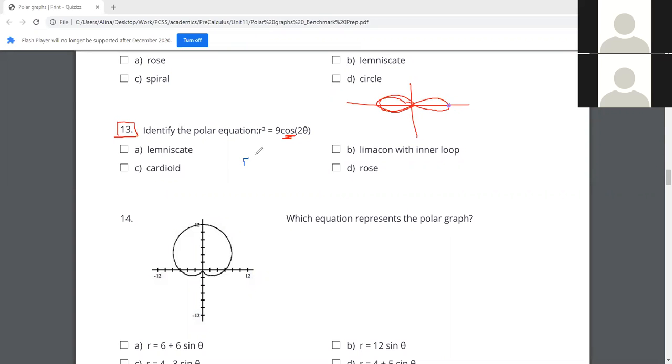If you have r squared equal 9 sine of 2 theta, a reminder that sine maximizes at 90 degrees. If you solve 2 theta equal 90, then theta is 45, which means it will be the same equation, but take the angle of 45 degrees and draw your infinity along this diagonal.